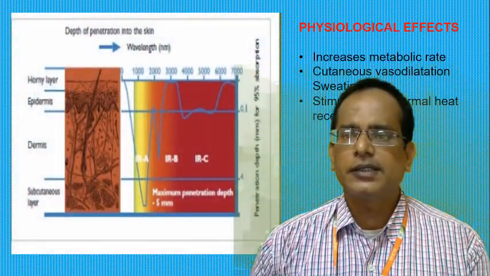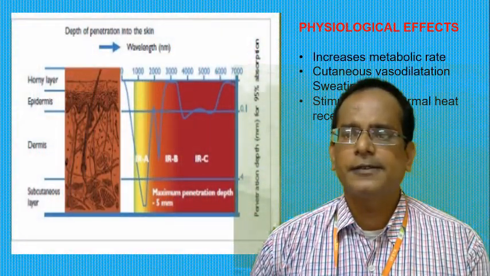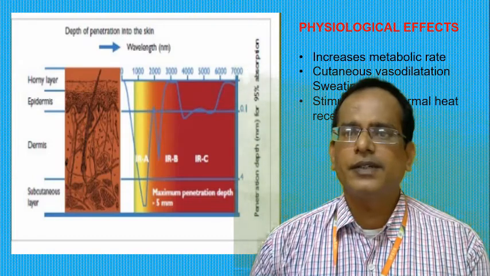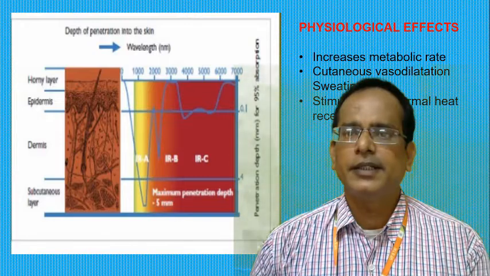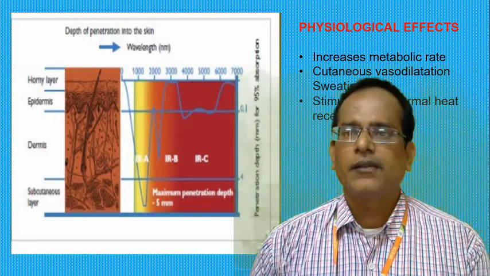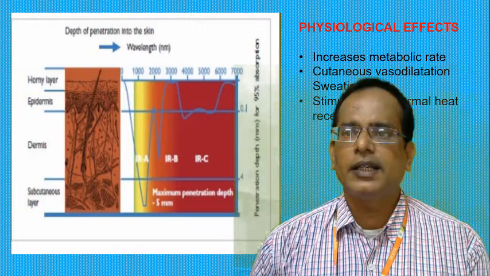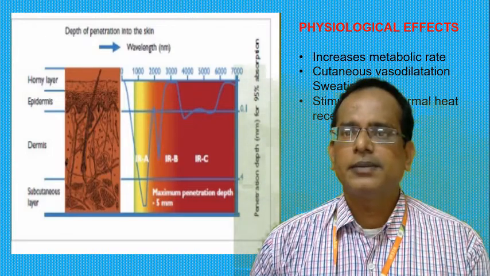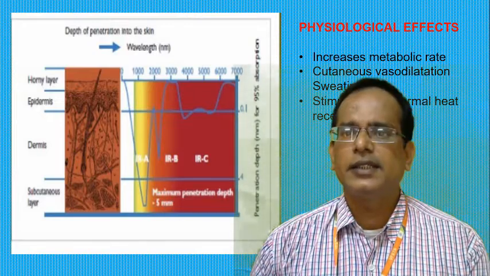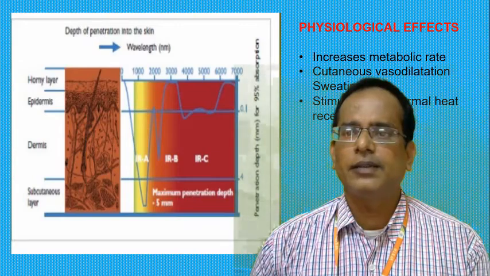Next we will discuss the physiological effects. So what are the physiological effects due to this treatment? Which increases the metabolic rate, and second one the cutaneous vasodilatation, so sweating will be coming, and another one, stimulation of thermal heat receptors will be increased.